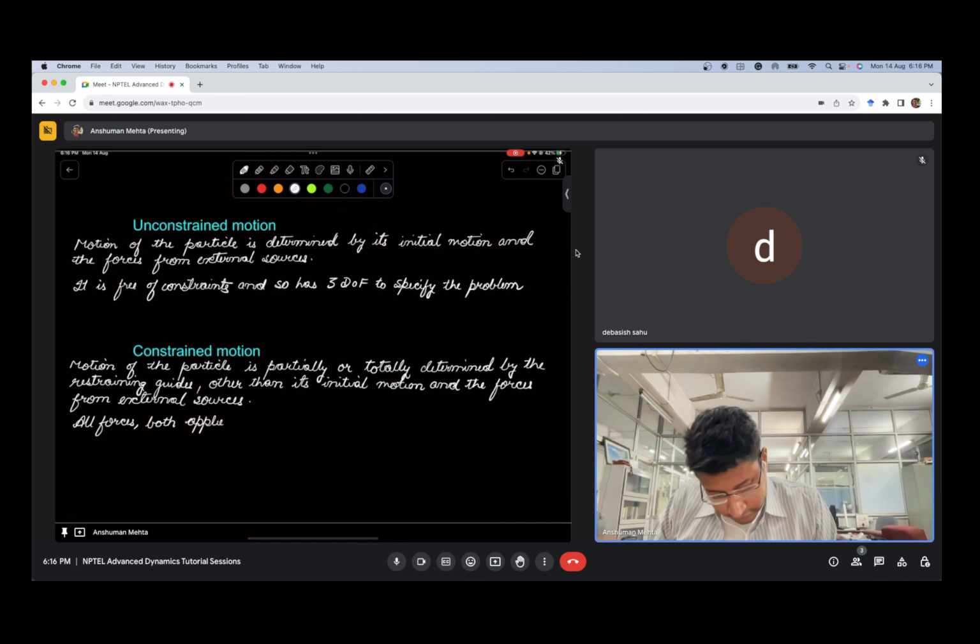Because of the constraint, the reactive forces come into play.